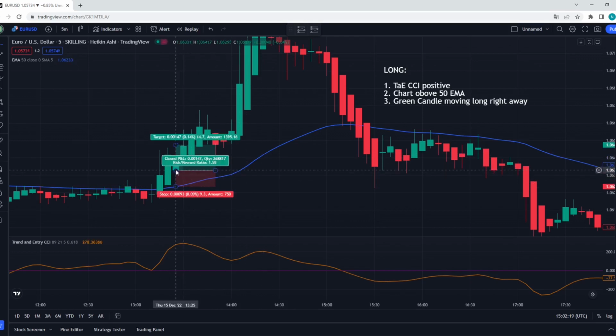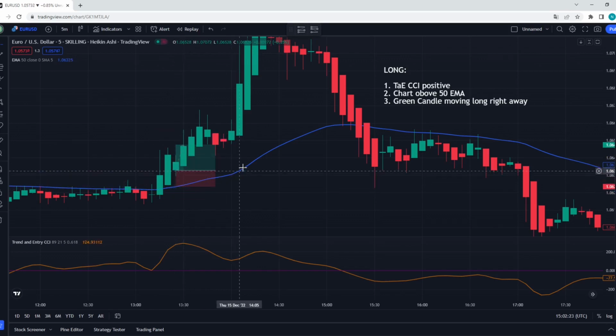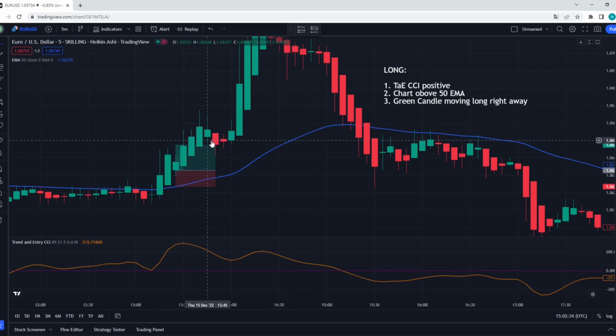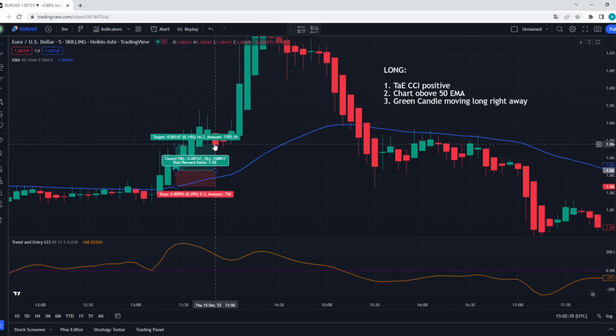So this is our entry. Our stop loss I will put to the 50 EMA, and we will not use a take profit, but we will close our trade when we got the first red candle that closed. So this is the first red candle that closed, and here we will leave our trade.